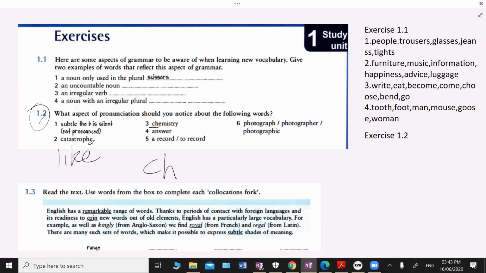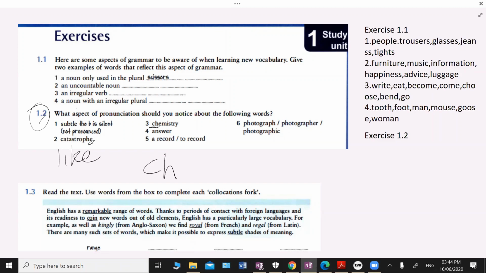Number 6 says the stress is on the first syllable in photograph, the second in photographer, and the third in photographic.